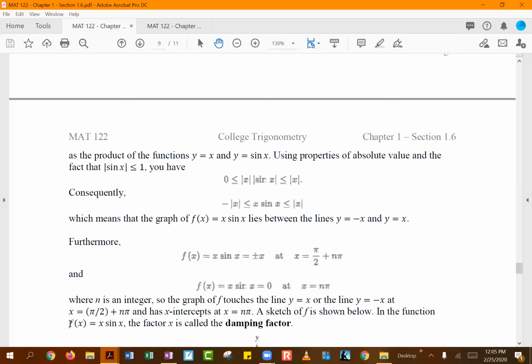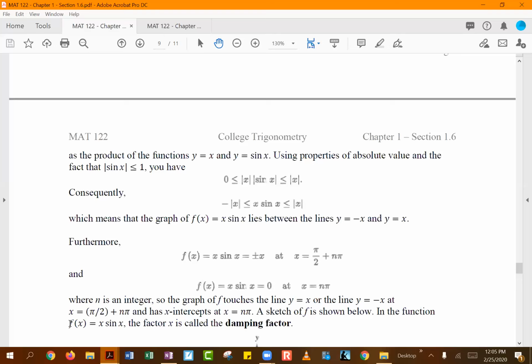And this helps us decide between what values our function is going to stay. That means your function value of x times sine x is always going to stay between -x and +x.